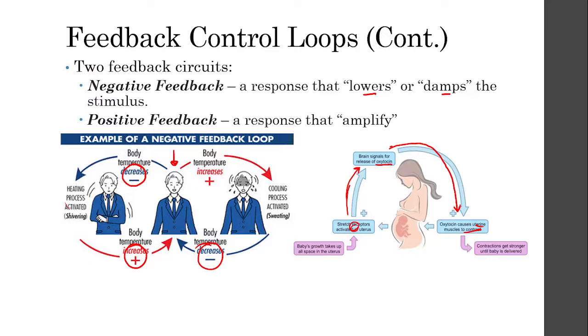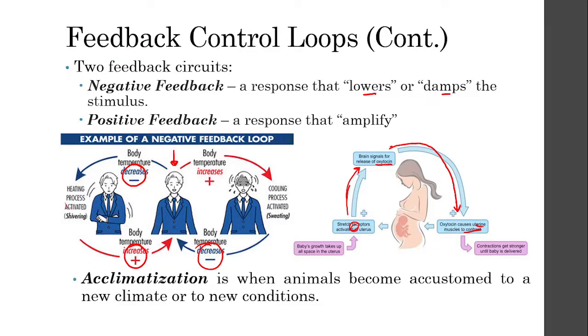But another thing that is interesting about a lot of animals in the world is that they have the ability to do what we call acclimatization. Acclimatization is when an animal becomes accustomed to a new climate or a new condition. You can think of it this way: we as Filipinos, maybe you were born in the Philippines and then you suddenly moved to a much colder country.